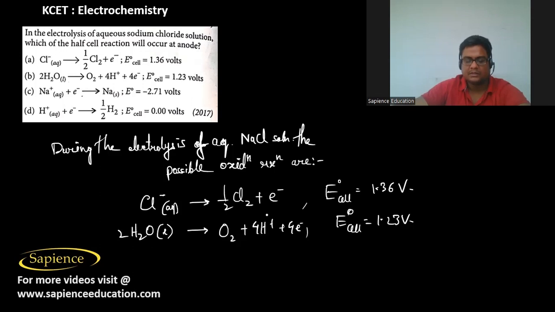So these two reactions can happen, but here the lower value of E naught is preferred at the anode.